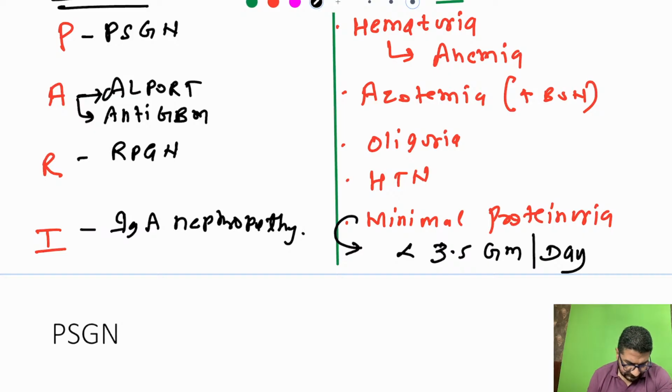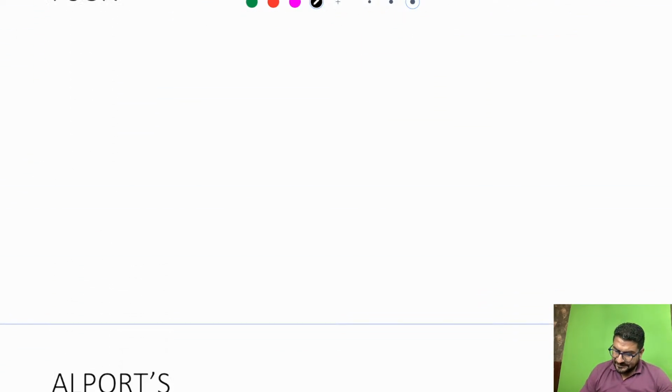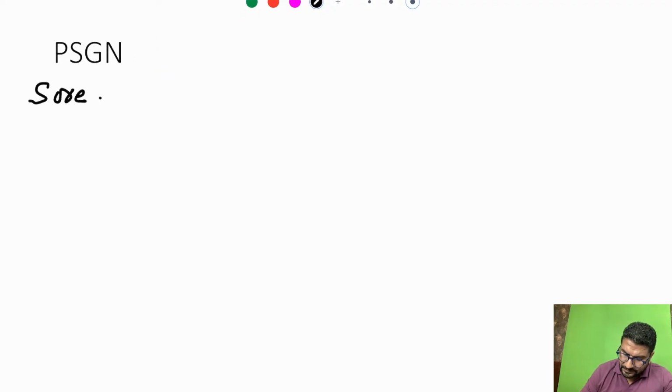Done? So now understand this thing. One by one we'll talk about these diseases. Starting with the first one, first will be your PSGN. इसको समझो एक बार. This PSGN is something where I told you just now. Patient will have sore throat, and after 2 weeks, you will develop hematuria.